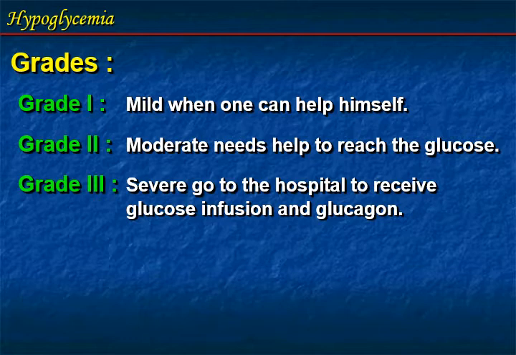Grade 3 is a severe state with cognitive changes, and the patient should go to the hospital to receive glucose infusion and glucagon. And we all know that glucagon is one of the counter-regulatory hormones to insulin. The counter-regulatory hormones are growth hormone, thyroid hormone, epinephrine and norepinephrine, cortisol, and glucagon.